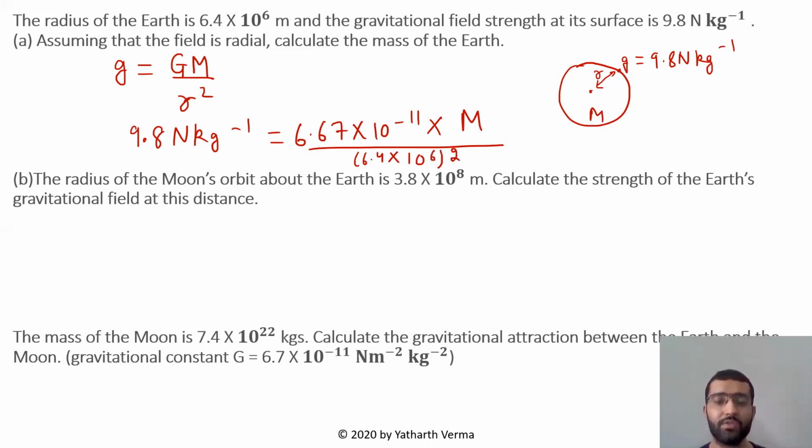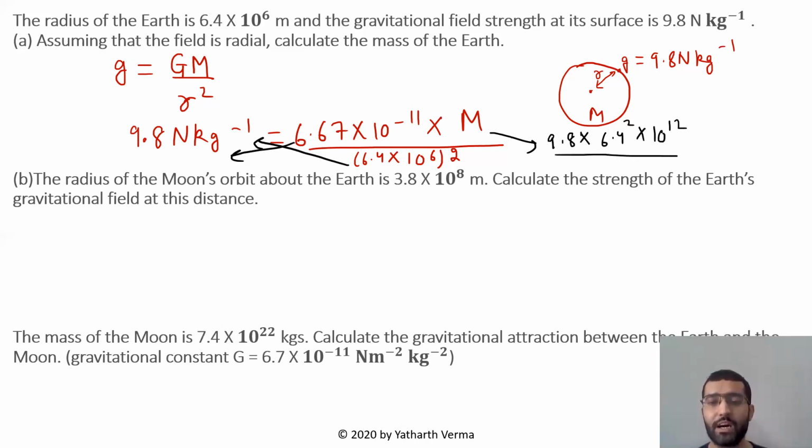Now when I go on solving this further, I take this down and this up, everything apart from M on the other side. So I get 9.8 × 6.4² × 10^12 upon 6.67 × 10^-11 is equal to the mass of the earth, right?